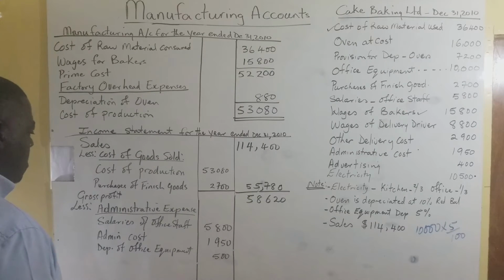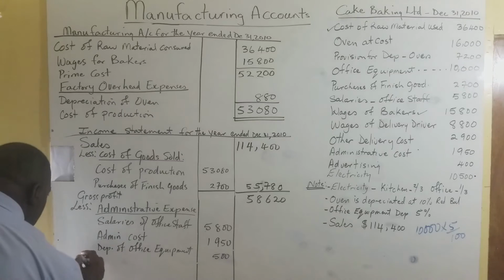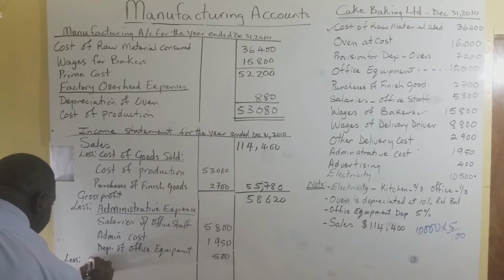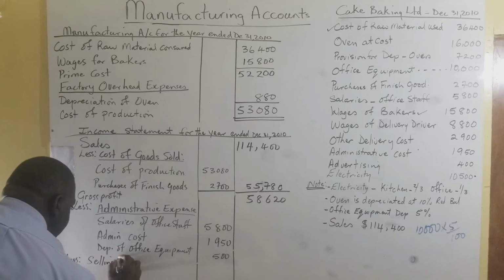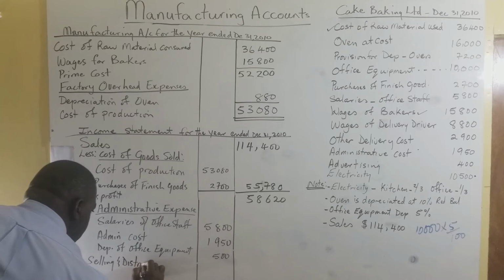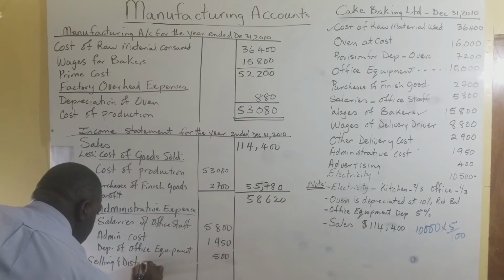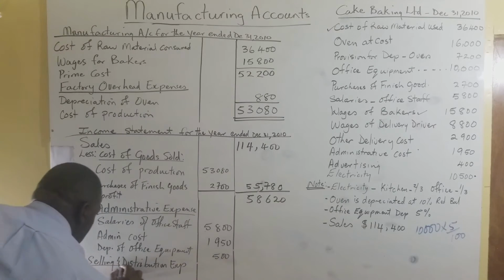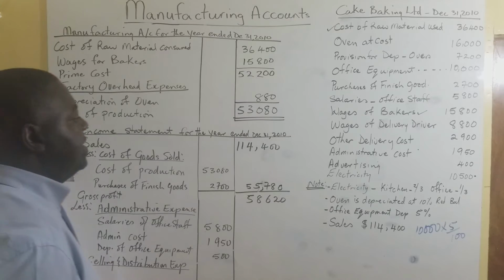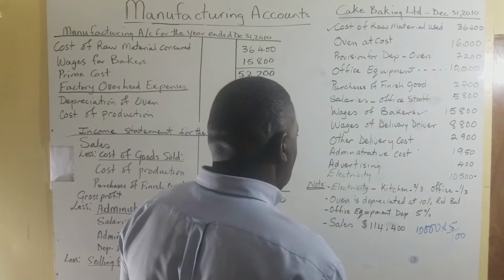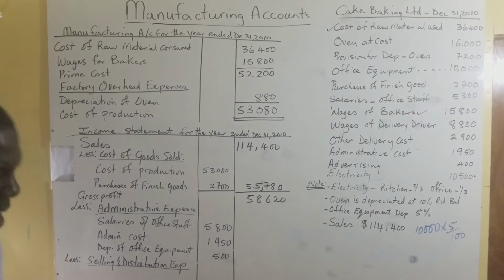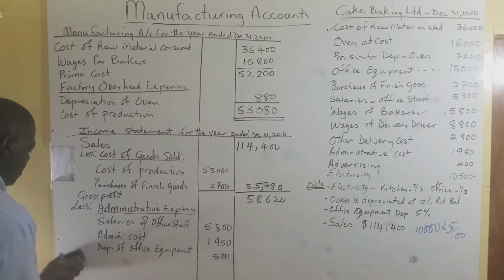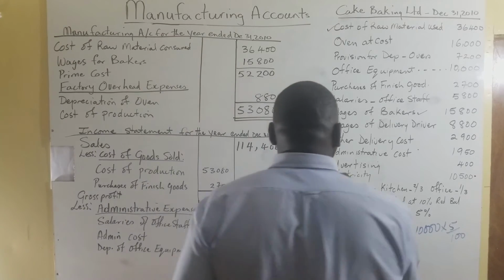All right. Then we have another allocation referred to as our selling and distribution expense. All right, and in this area we are going to be using, wow, I have just recognized I've missed one, so I'm going to have to erase this again because we have left out electricity.